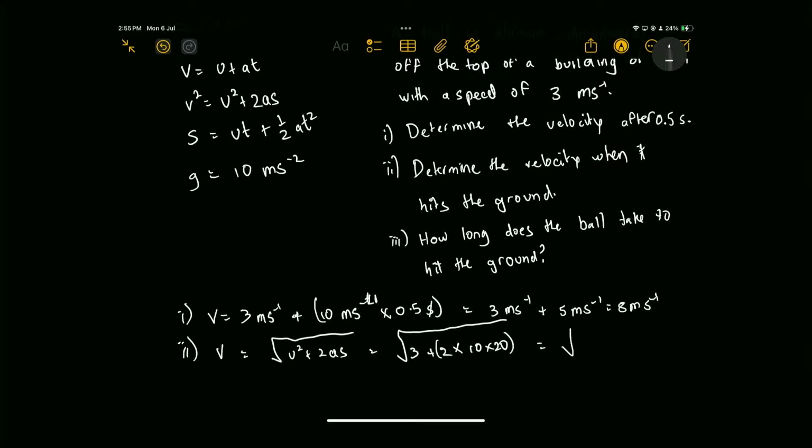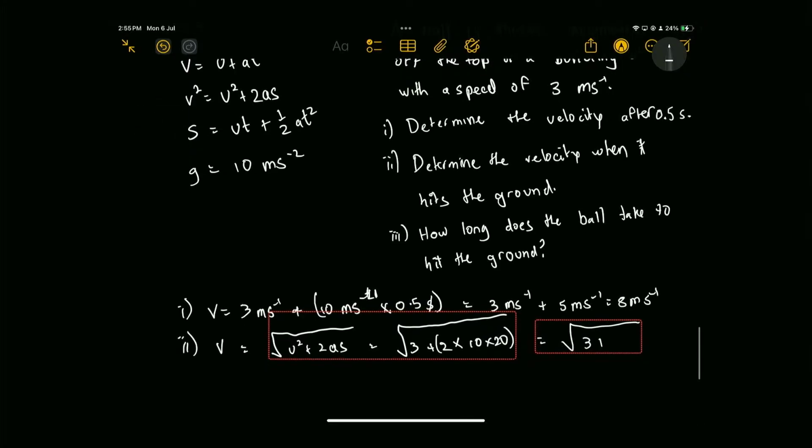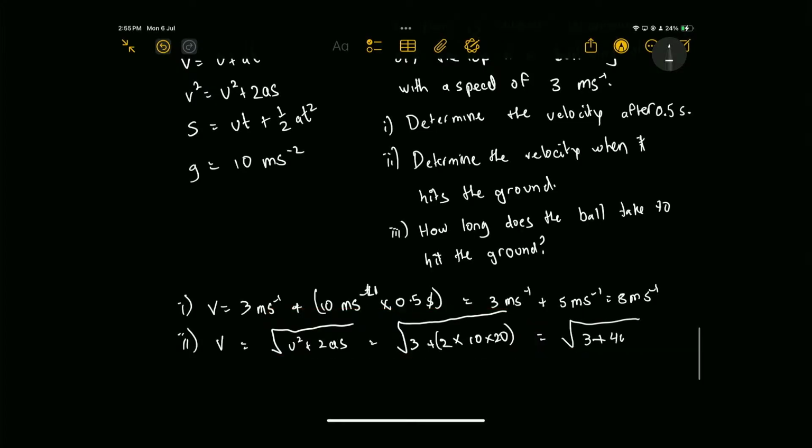So this is the square root of 3 plus 20 by 20, which is 400. Is equal to the square root of 403, which is equal to 20.2 meters per second.